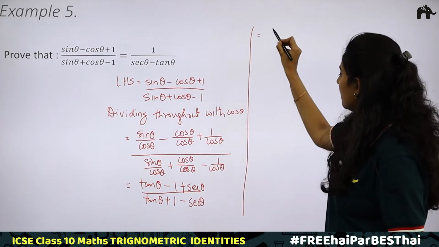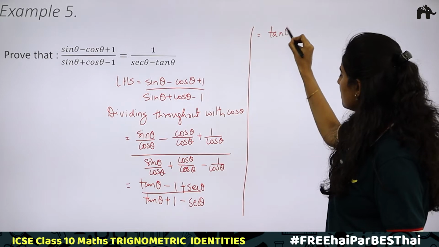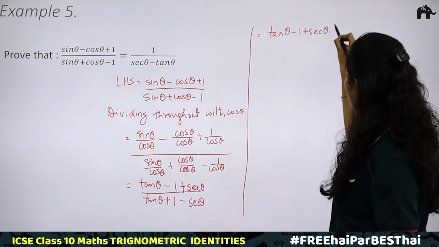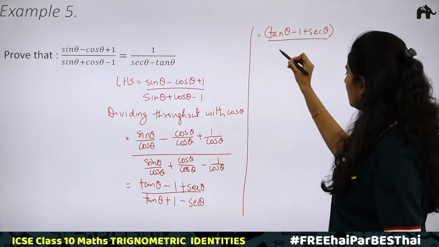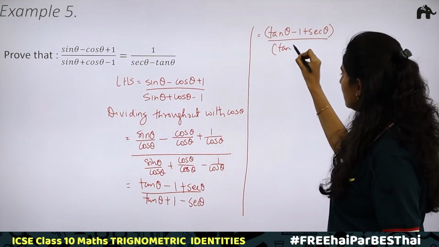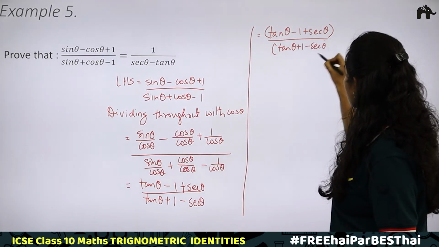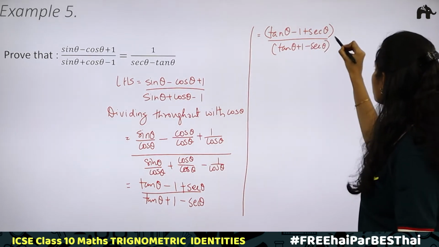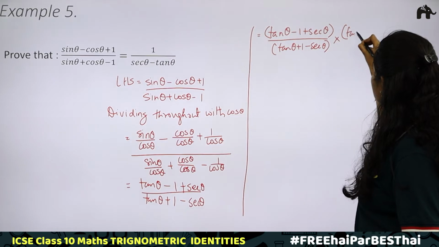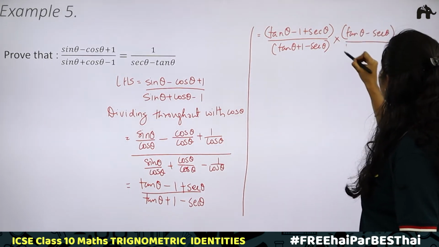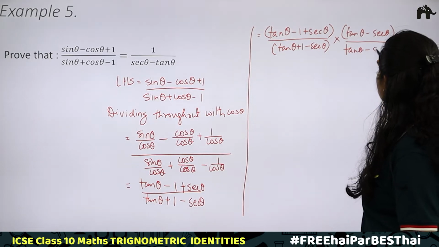Okay, tan theta minus 1 plus sec theta divided by tan theta plus 1 minus sec theta, into tan theta minus sec theta divided by tan theta minus sec theta.